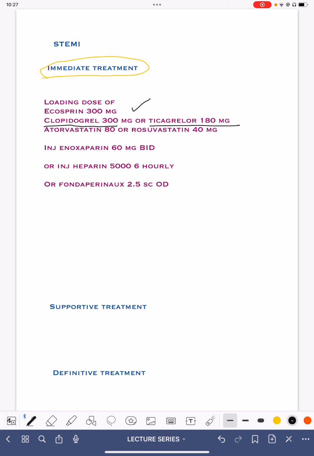So we usually give 4 tablets of ecosprin, 4 tablets of clopidogrel, or 2 tablets of ticagrelor 90 milligram. These are given in combination. Now, the usual antiplatelet dosage is 75 milligram of ecosprin, 75 milligram of clopidogrel, and usually ticagrelor is given post angioplasty at the dosage of 90 milligram twice a day.